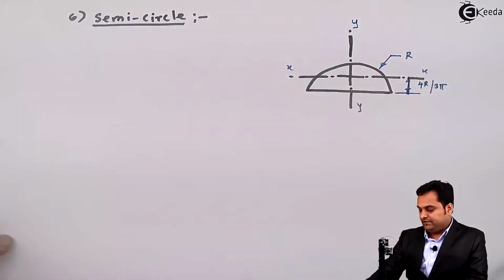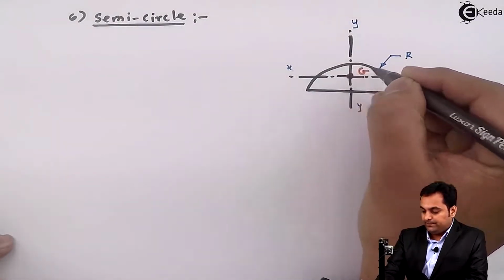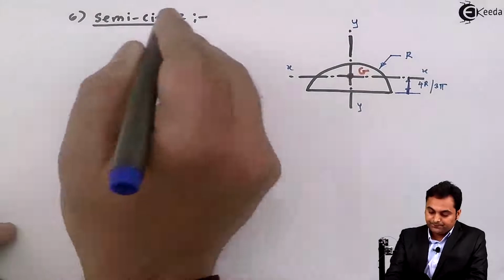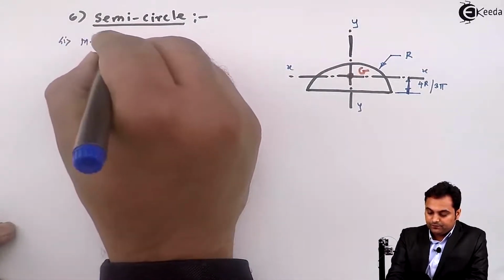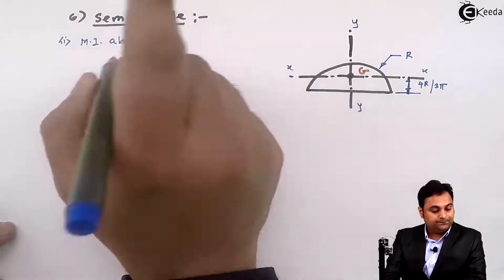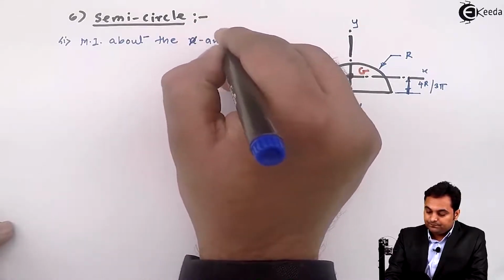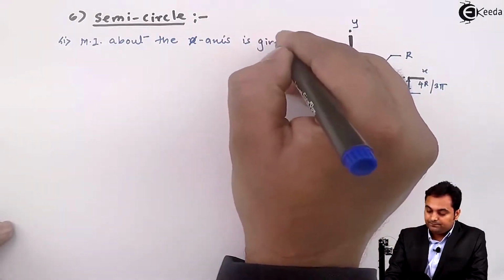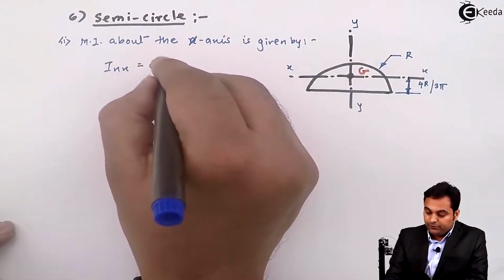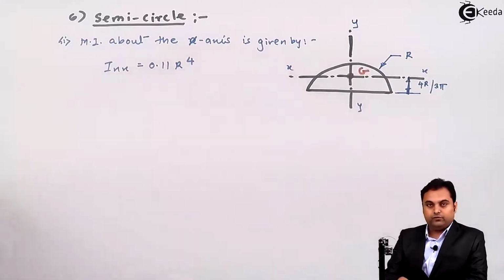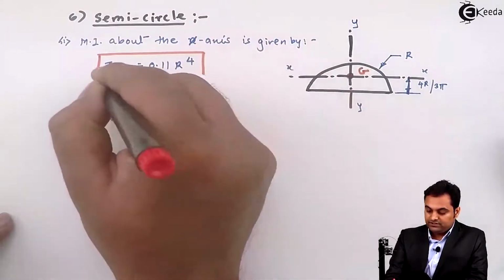Wherever x and y intersect, we know that point is called the centroid. So I'll write down, MI about the x-axis is given by Ixx is equal to 0.11 R raised to 4. This is for a semicircle.